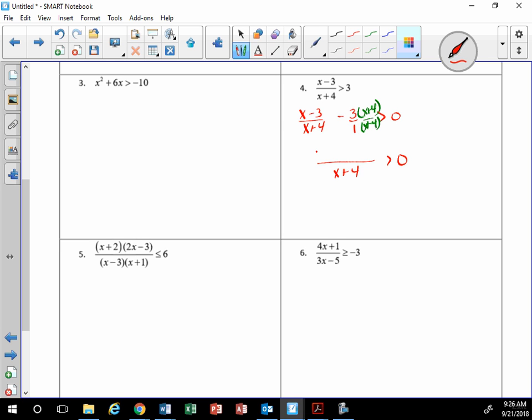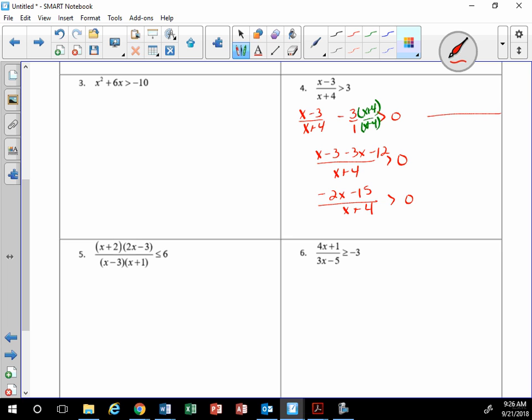In my numerator, I've got x minus 3, then minus 3x minus 12. Be careful with your signs there. So if I simplify that, I have -2x minus 15 over x plus 4 is greater than 0.